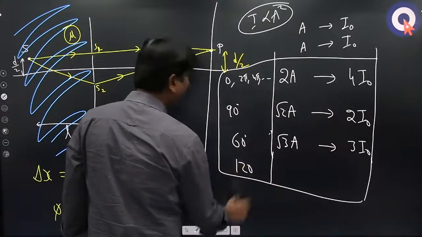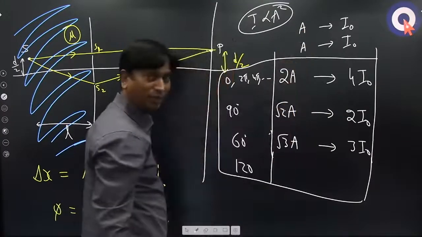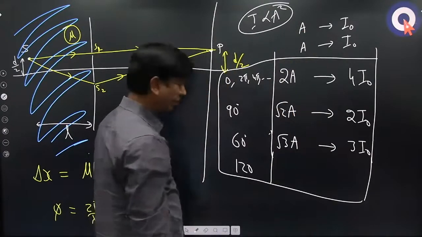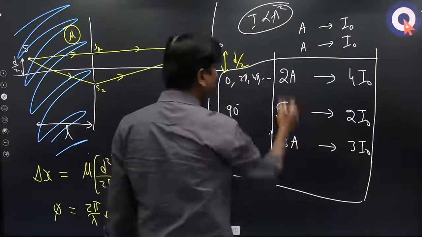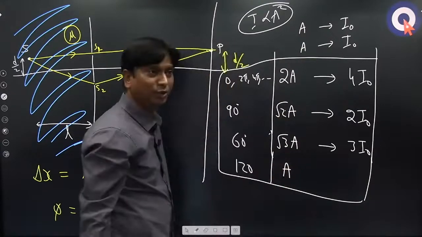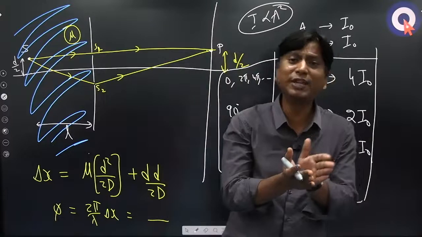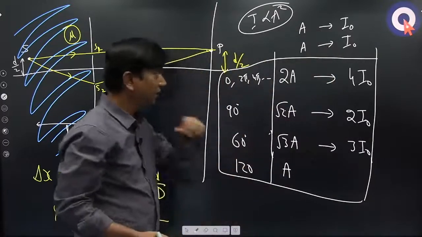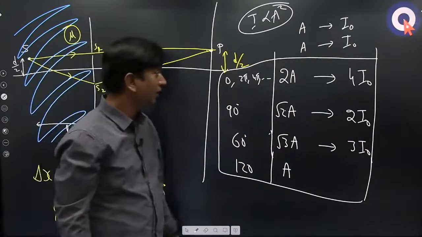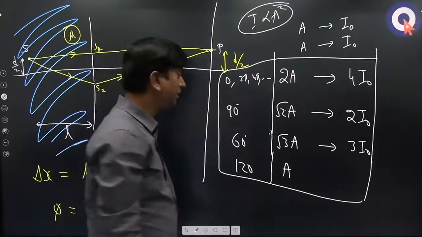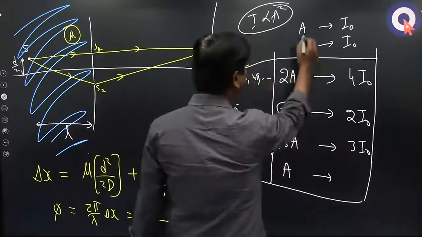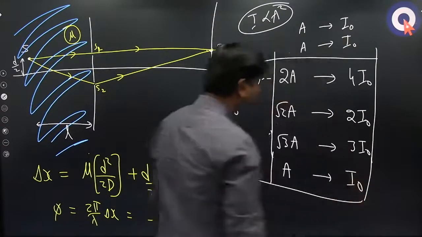120 also we can try. A and A with 120 degrees, so this phase difference is 120. The two vectors have magnitudes A and A and the angle is 120, so you will get the resultant as A only. When the resultant is A, intensity will become I naught.